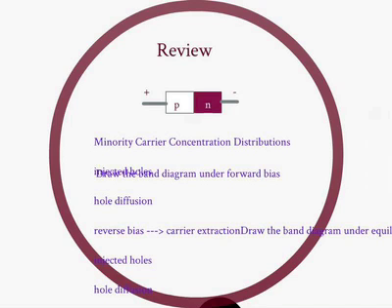So this is p-type. It's more likely that the holes can go that way, because the energy barrier to the holes is decreased. That's hole injection, or majority carrier injection. Of course, the electrons can also come down, but we try to ignore that for now.